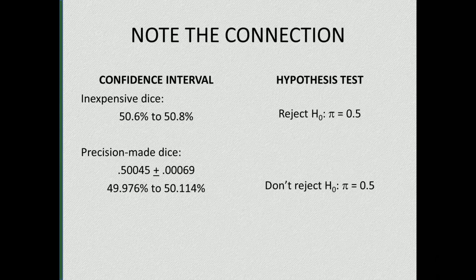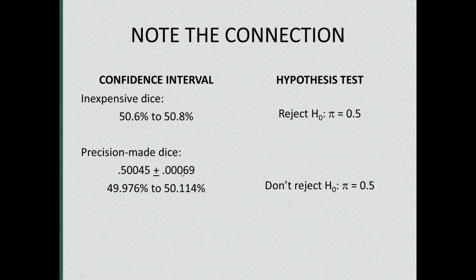Note, by the way, our confidence interval, we're pretty sure it's somewhere between 50.6 and 50.8%. We don't know exactly what it is, but we're pretty sure that it's not 50%. Notice we rejected the null hypothesis of 50% on the inexpensive dice.